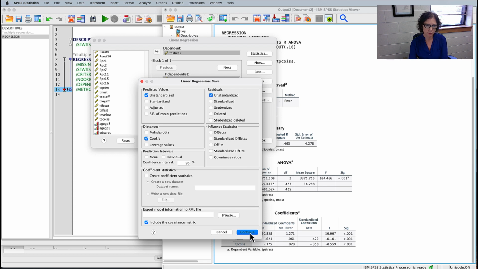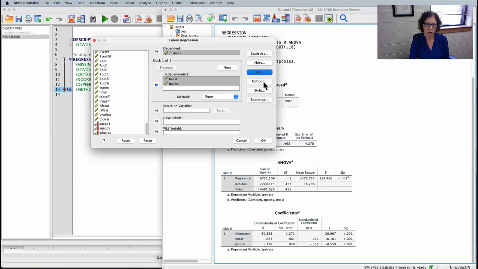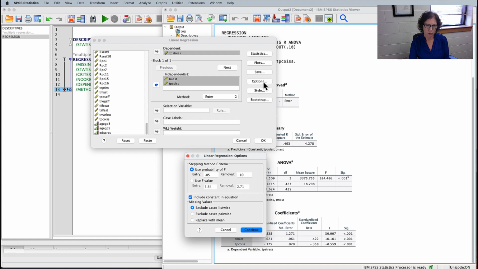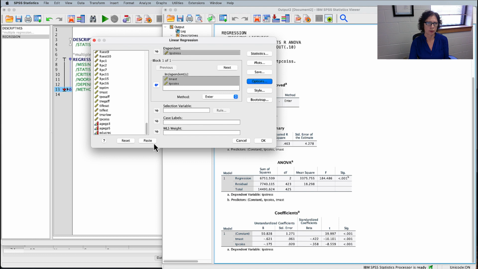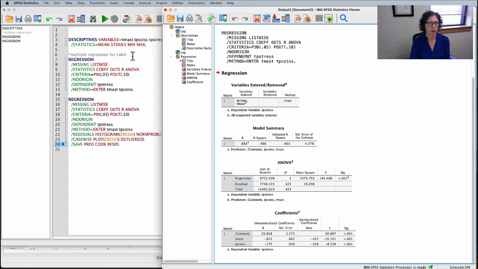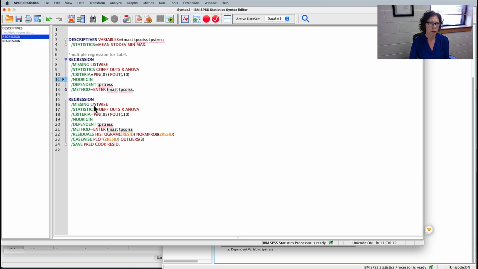Continue there. And in options, we want to make sure that it's exclude cases listwise. Okay, once these are all ready, we're ready to paste to syntax. All right, let's take a look at this. Especially note the differences between the straight multiple regression and the multiple regression with the extras included.